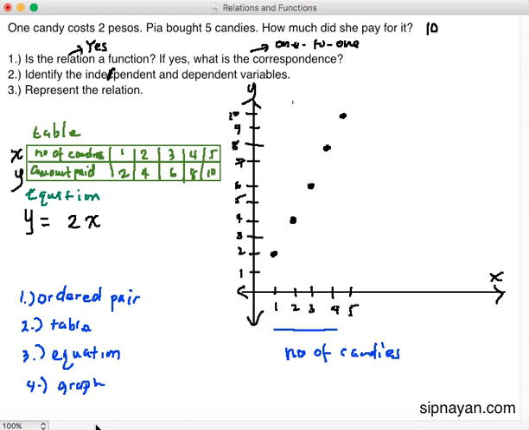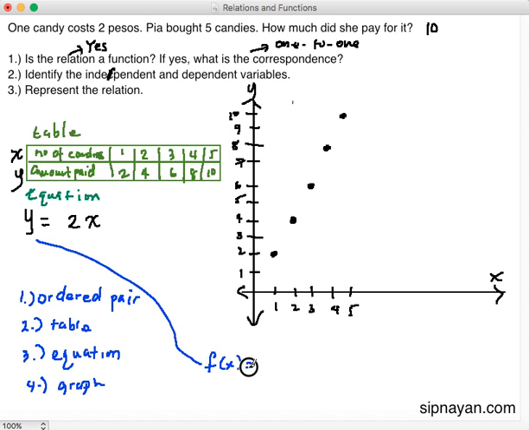May gusto lang ako idagdag sa equation. Ang function instead of y, usually nilalagay din natin yung f of x. So, whatever the variable here. So, dito, ang y, pwede natin siyang sabihing f of x equals 2x. So, yung x dito tsaka dito, dapat pareho siya. Yung variable dito, pwede ng f of t equals 2t.